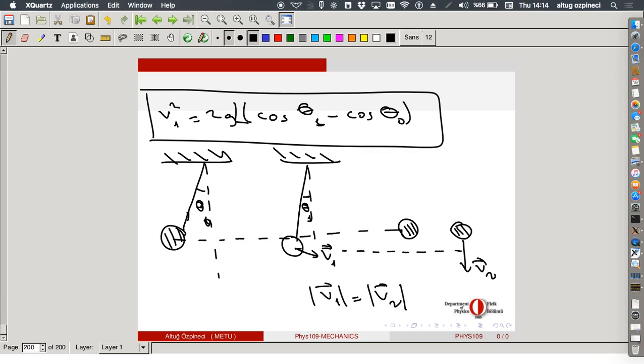The tension has a vertical component, so it lowers the vertical acceleration. The vertical acceleration of this object is less than the vertical acceleration of this object. But this object has a tangential acceleration also, whereas this one does not.